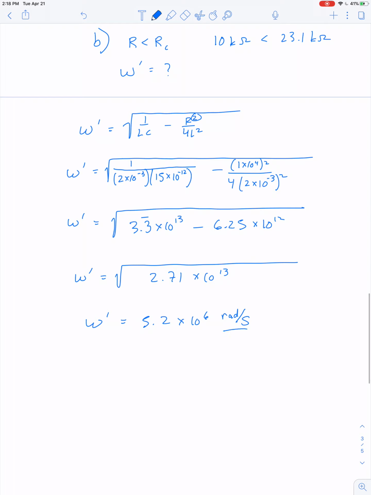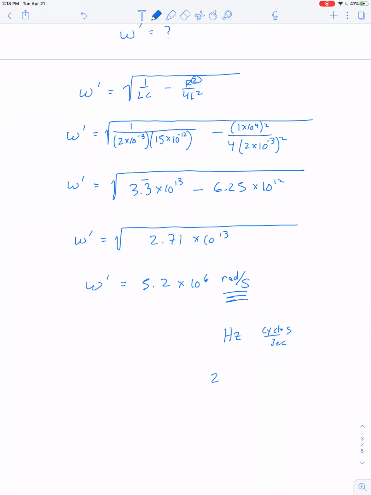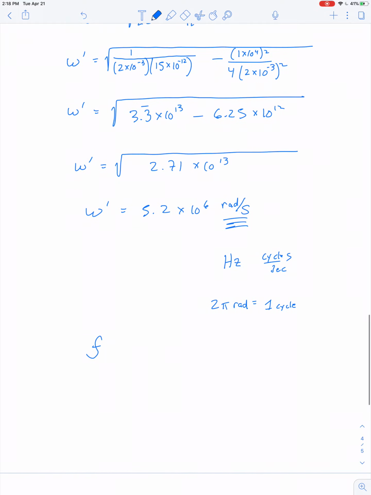Well, it's hard to relate to frequencies expressed in radians per second. I'm much more familiar with frequencies measured in hertz, or cycles per second. For every cycle, there's 2 pi radians. 2 pi radians is equal to 1 cycle. So I can find an expression for the traditional frequency as opposed to the angular frequency. The standard frequency is the angular frequency divided by 2 pi.